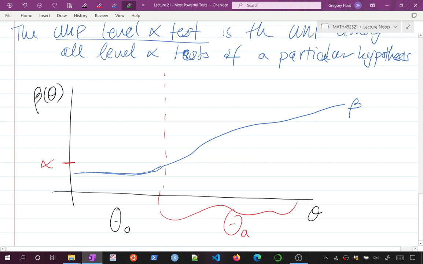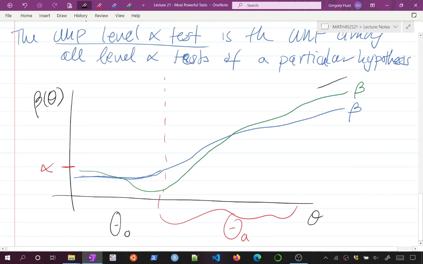So if that is one particular level alpha test, you could have another level alpha test. Maybe it looks like this. This is some other level alpha test. And the UMP level alpha test would have, let's say, a beta star that is higher in the alternative.